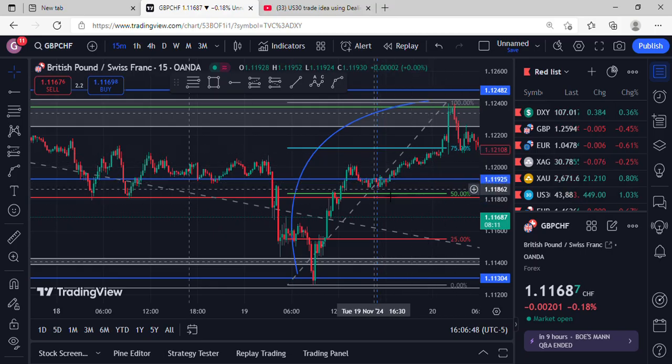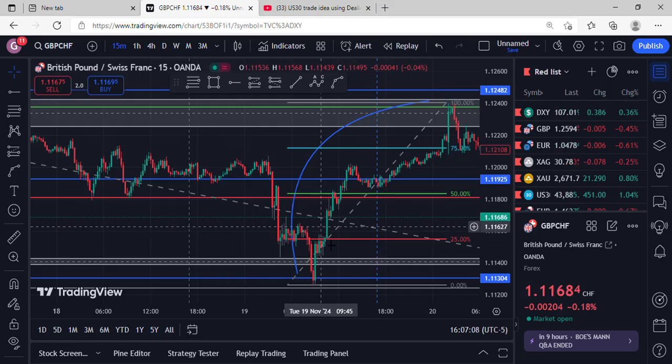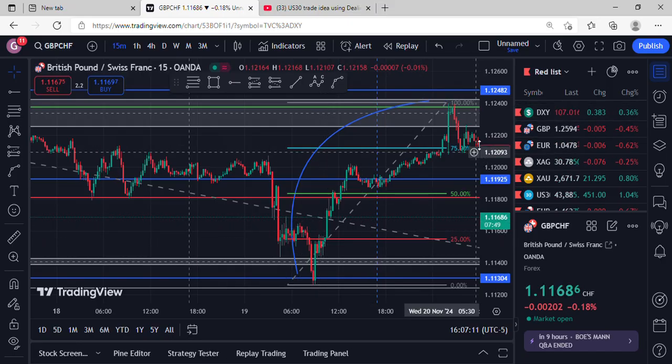So we have these relatively equal lows here, which should act as a magnet to drop price, and it's close to the 50%. We have this low here, and then we have the 25% DRT level here as well, which is in discount, and currently we are in premium.